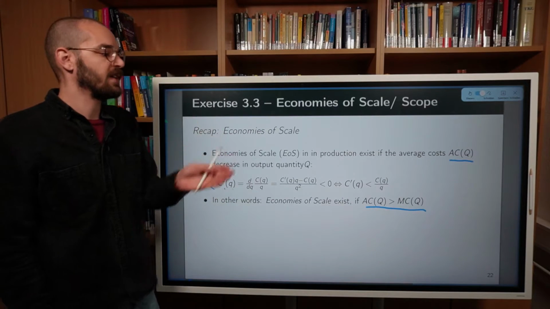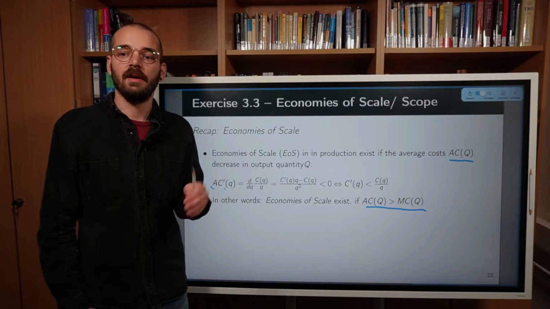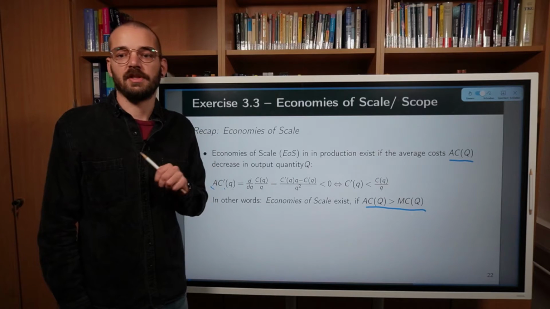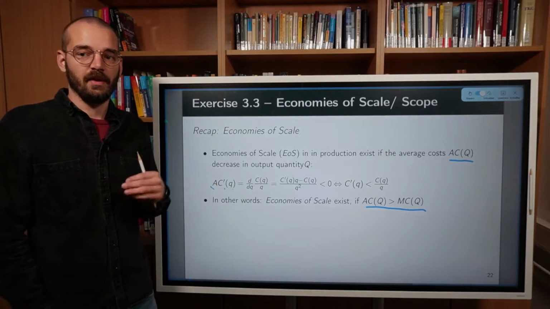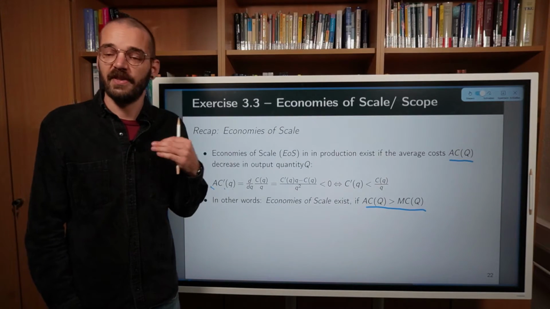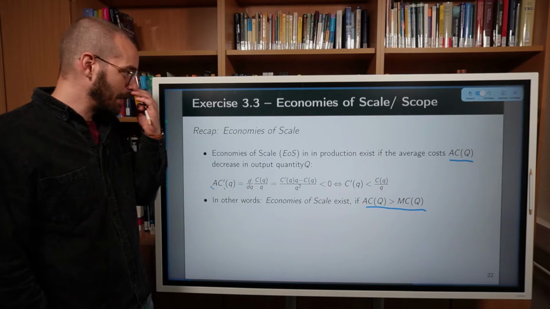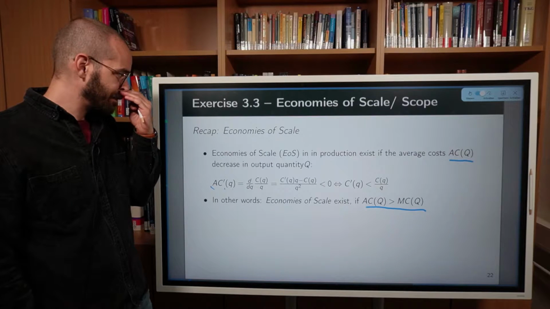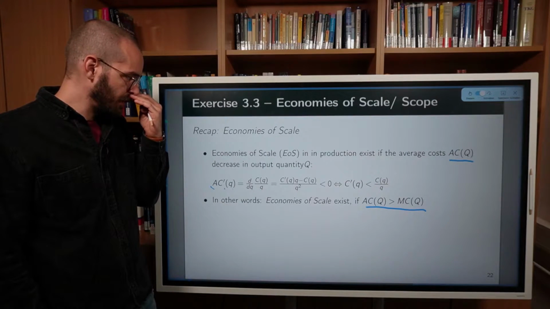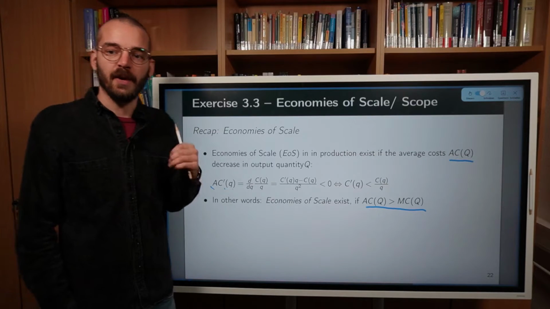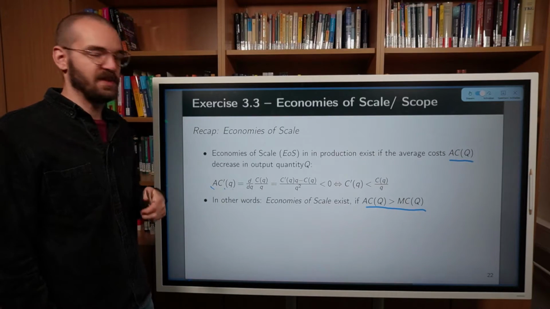As long as the marginal costs of production are smaller than the average cost of production for a given Q, well then we are in a world where there are decreasing costs, where there are economies of scale.